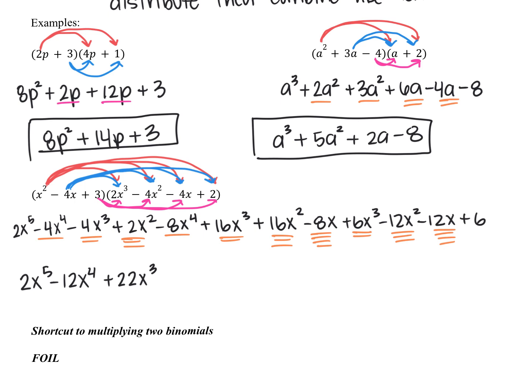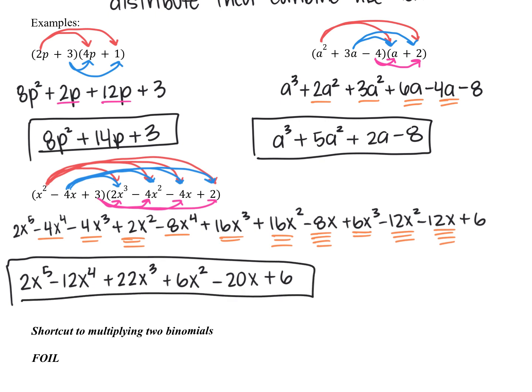Then we have 2x squared plus 16x squared, which is 18x squared, minus 12x squared, which is going to give me 6x squared. And then negative 8x minus 12x is negative 20x. And then lastly, the plus 6. And I have my final answer.